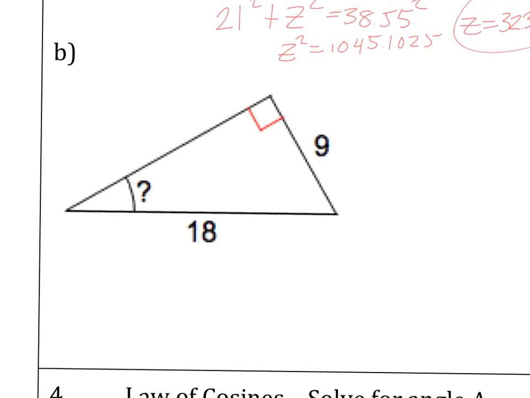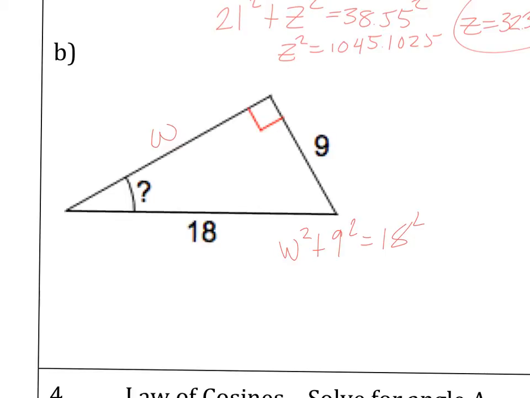The other one, I'm looking at 18 and 9. I don't know this angle. I don't know this other side. I might start with the other side. I'm going to call this W. So I've got W squared plus 9 squared is equal to 18 squared.